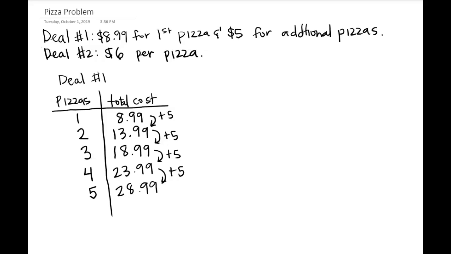So if we use one of these points, I could use this top one here, which is 1, $8.99, and I'll just write it up here as an ordered pair. This is our x and our y, and then we know that our slope is 5.